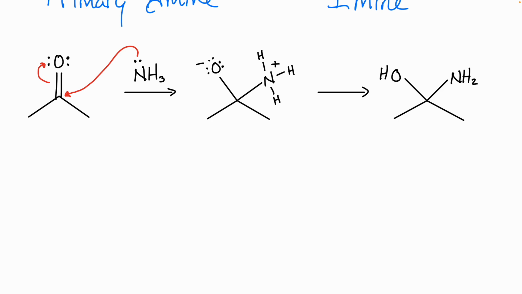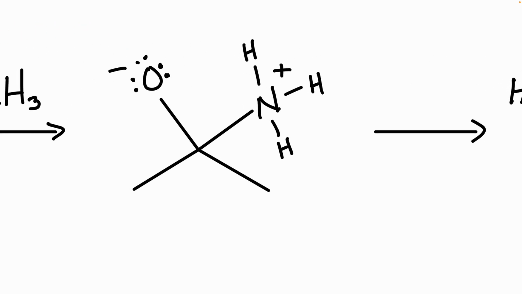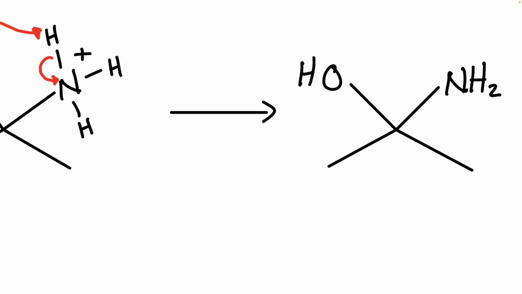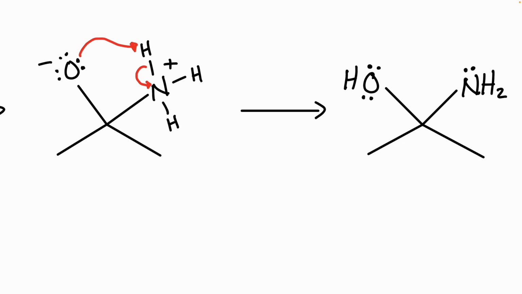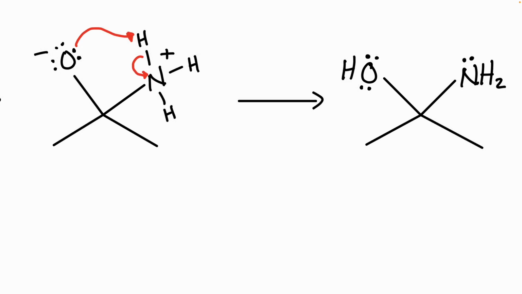Right, so I need that pair of electrons on that oxygen to reach out and grab that hydrogen, and then I got to break that hydrogen-nitrogen bond and deliver that pair of electrons to that nitrogen atom. Okay?